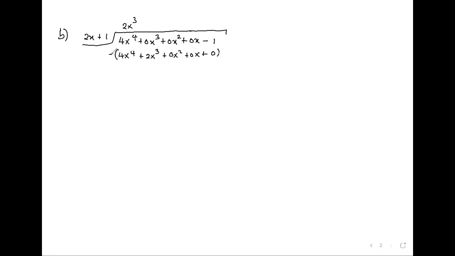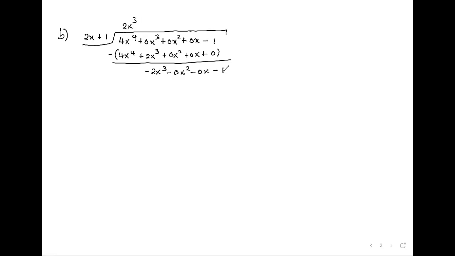And then I subtract. By the whole thing, I'm getting 0, and then minus 2x3, and then minus 0x squared, and then minus 0x, and then minus 1. Minus 1 coming from up, because minus 1 minus 0, I get minus 1.